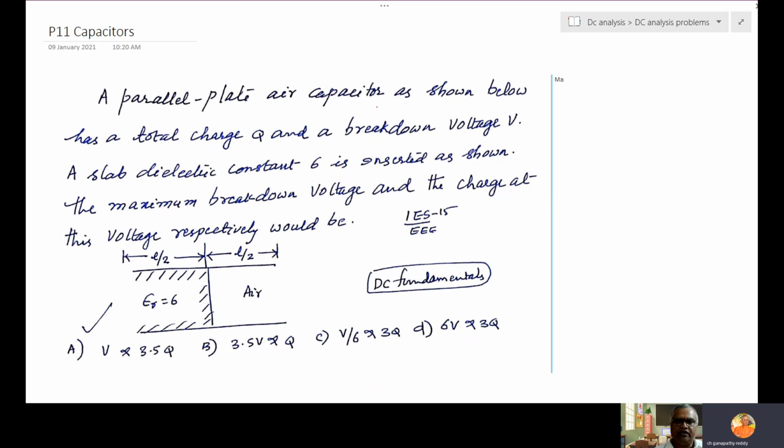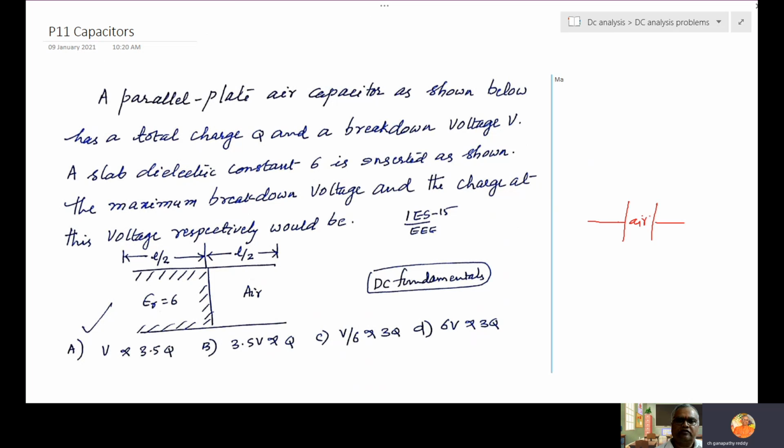Once again, what is given? A parallel plate air capacitor as shown below has a total charge Q and breakdown voltage V. That means the first capacitor is filled with air only.